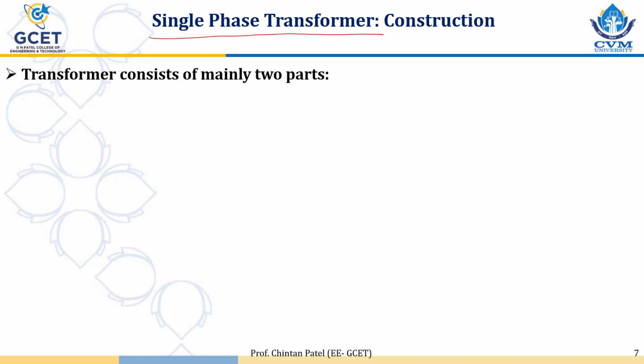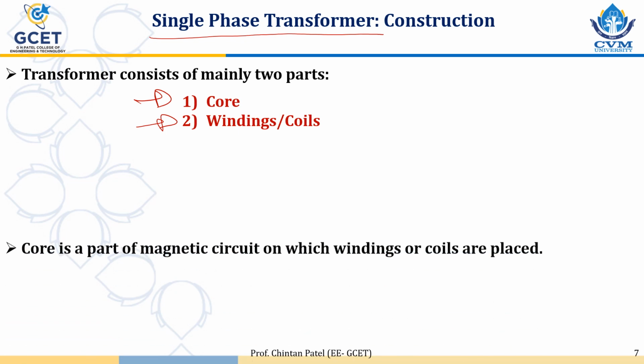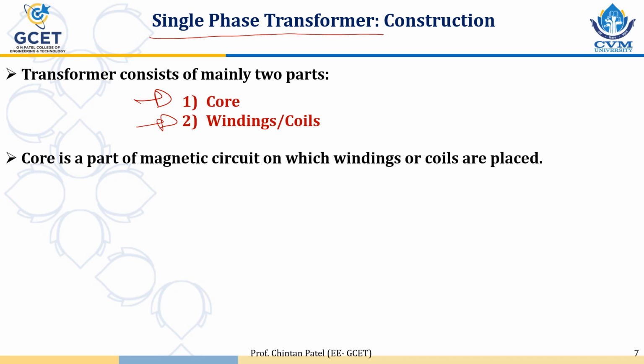The transformer consists of mainly two components, two parts. One is called the core, the magnetic core, and the second is the windings or coils, primary winding and secondary winding. Now this magnetic core is a part of the magnetic circuit on which the windings or coils are placed.